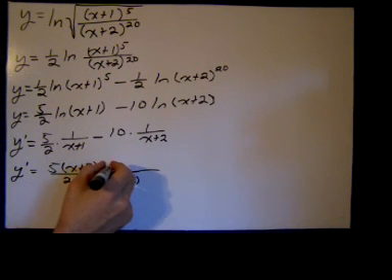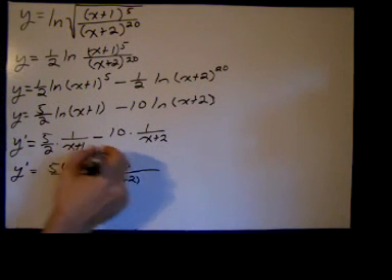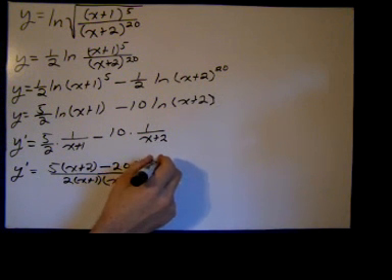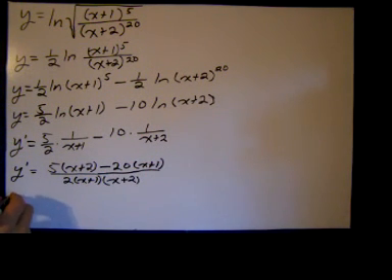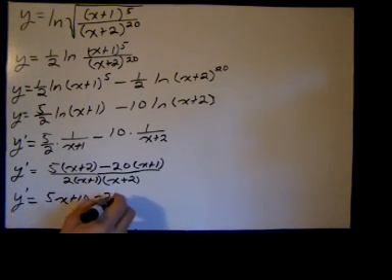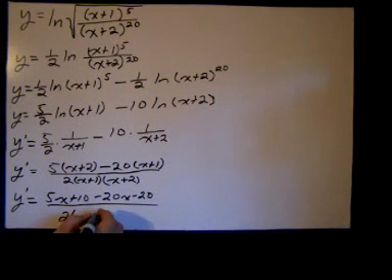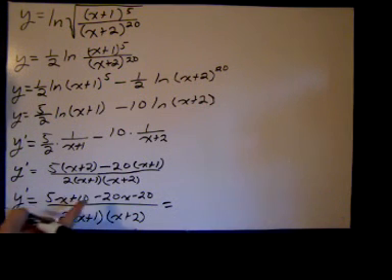And then this side is a negative 2 times the 2 from here is a 20 times x plus 1. Then distributing and simplifying, I get 5x plus 10 minus 20x minus 20 in the numerator, all over 2 times x plus 1 times x plus 2, and what do we get? Negative 15x minus 10.